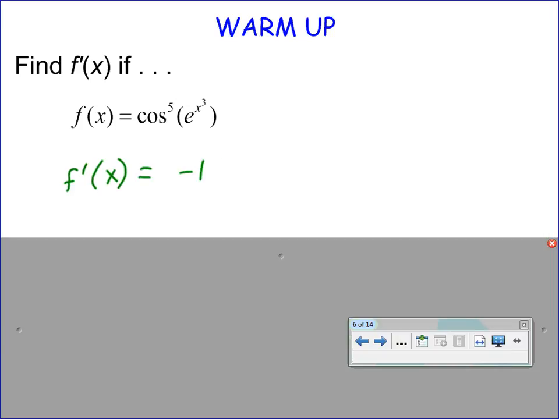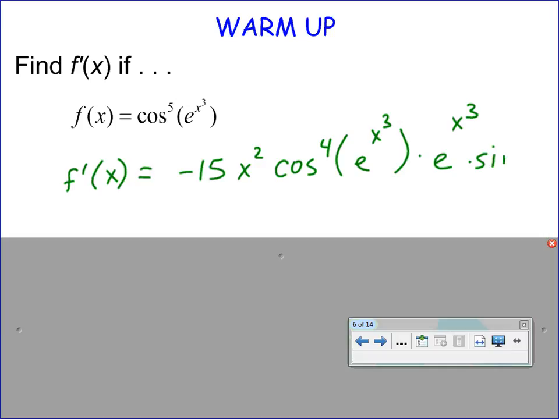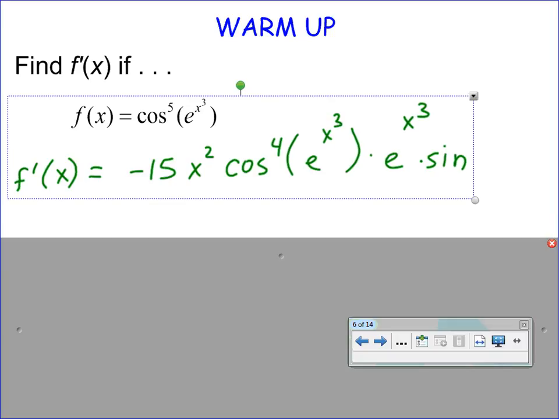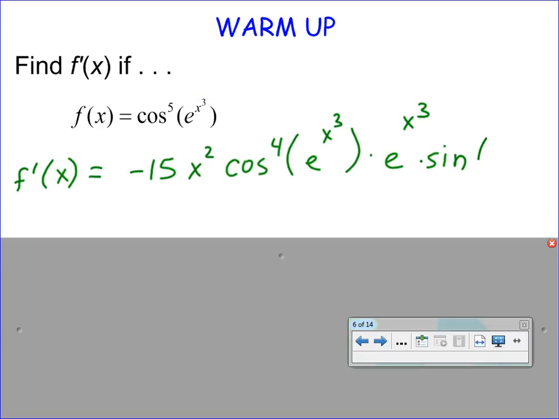Negative 15 x squared cosine to the fourth of e to the x cubed, times e to the x cubed, times sine of e to the x cubed. Whoa. Okay, thank you for sharing.